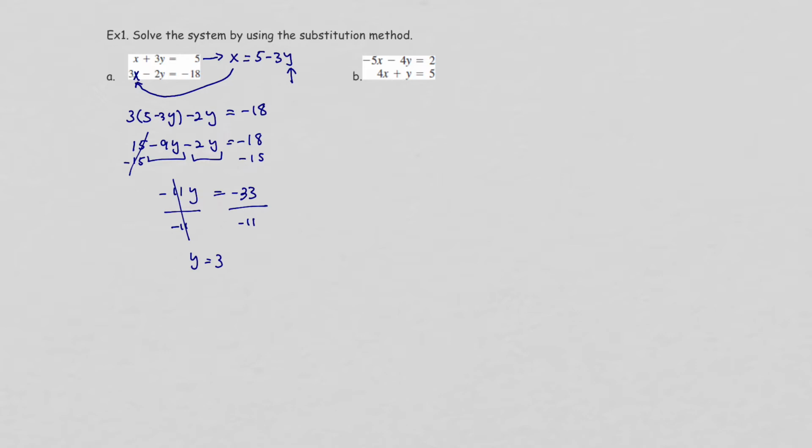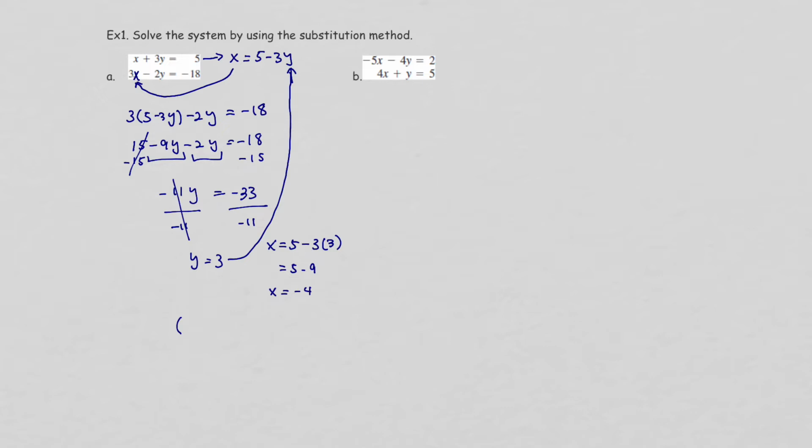Once you have one solution, we replace it and find your x. So your x should be 5 minus 3 times 3. That gives you 5 minus 9. Your x should be negative 4.